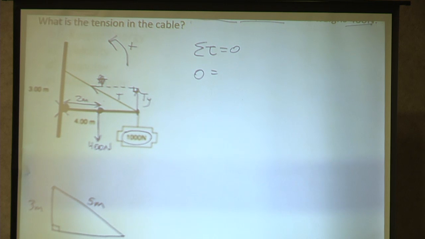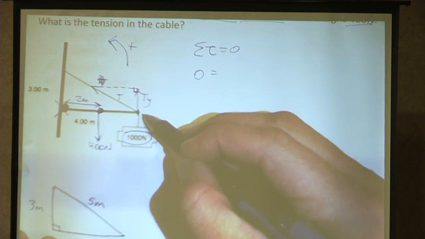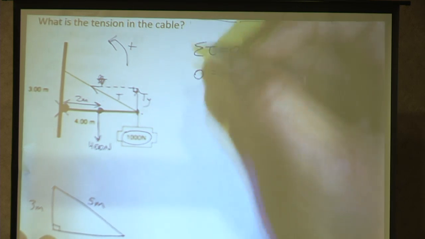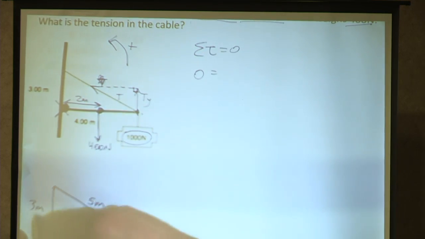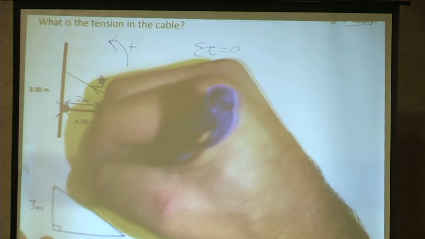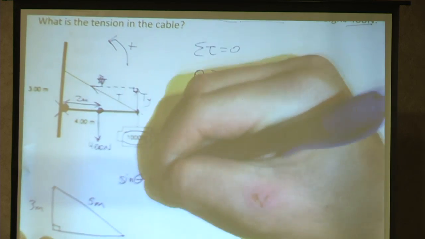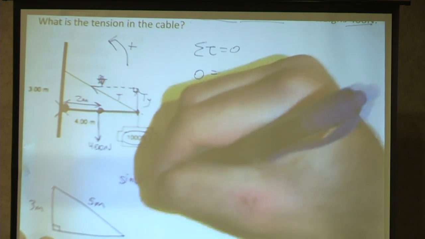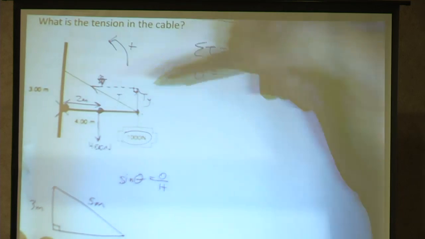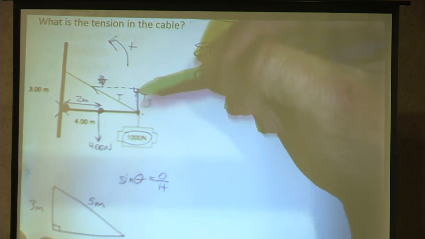So we have that. So the y component up here is going to be basically 3/5. So sine of theta is opposite over hypotenuse. Or you could just look at this right here.